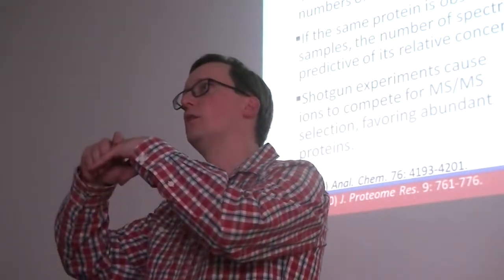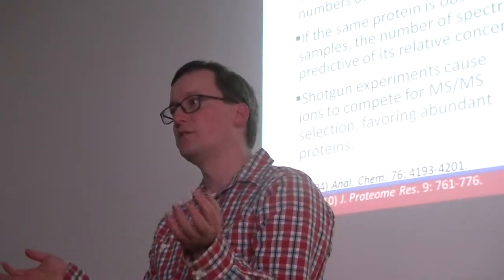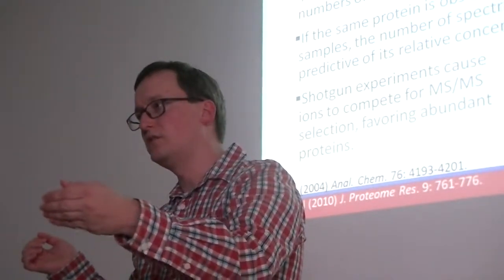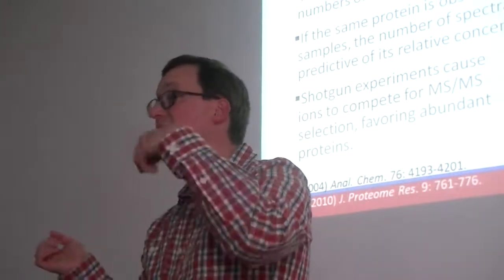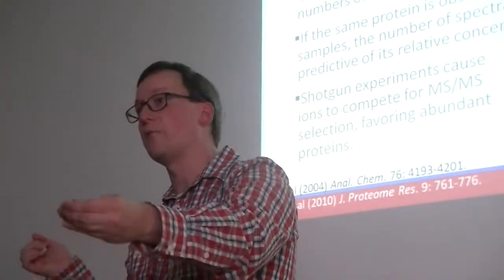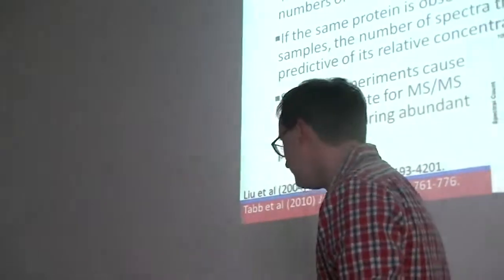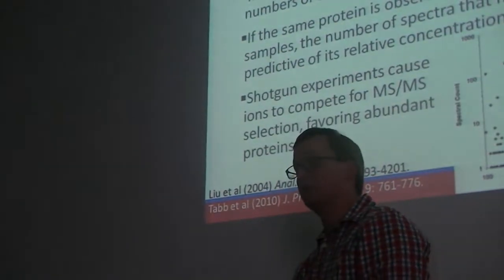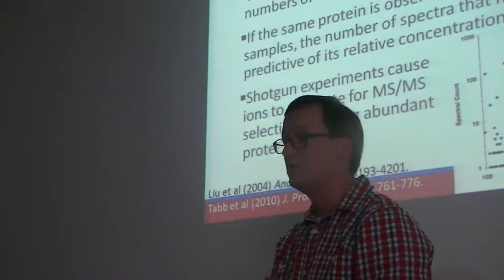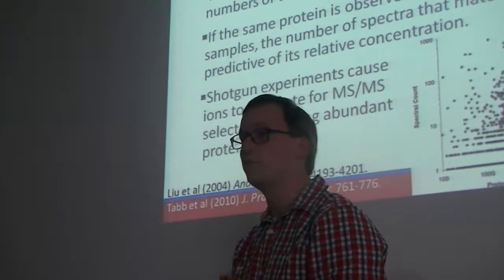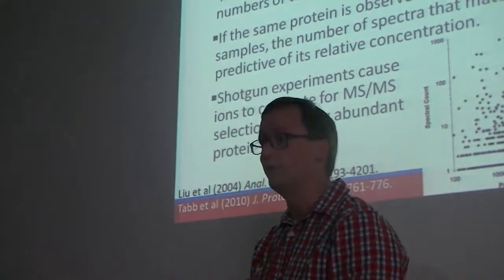So if you are conducting many proteomics experiments, the number of spectra seen for a protein is likely to be larger when there is more of that protein present in one cohort than in another. So spectral counting is one of the methods that we compared in a study from the Bioinformatics research group of ABRF a few years back.